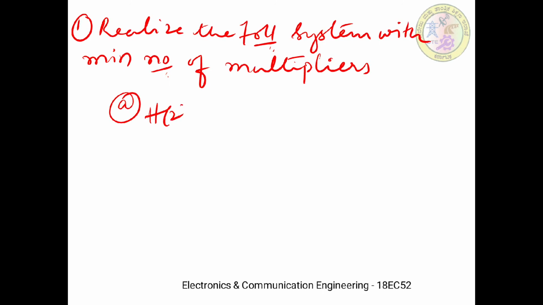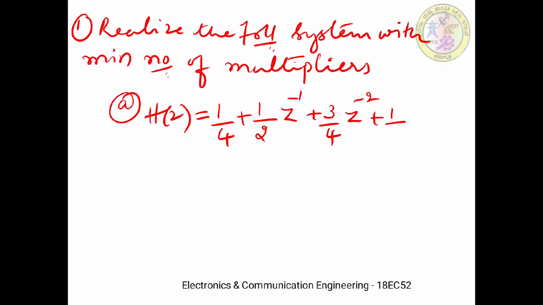So let us first implement H of z equal to 1/4 plus 1/2 z inverse plus 3/4 z to the power of minus 2 plus 1/2 z to the power of minus 3 plus 1/4 z to the power of minus 4. Okay, so this is a given system. So this we have to implement using linear phase FIR systems with minimum number of multipliers.